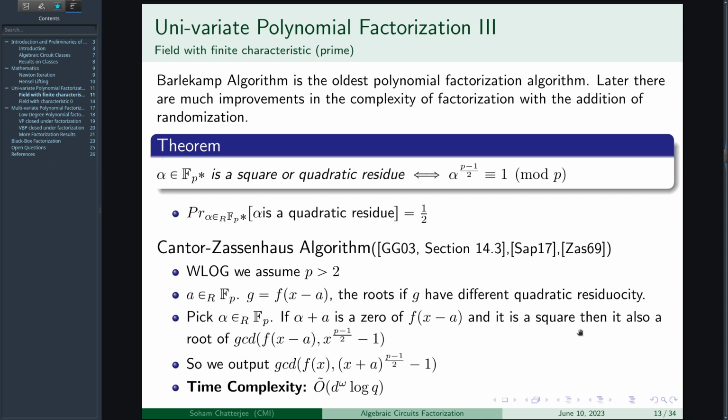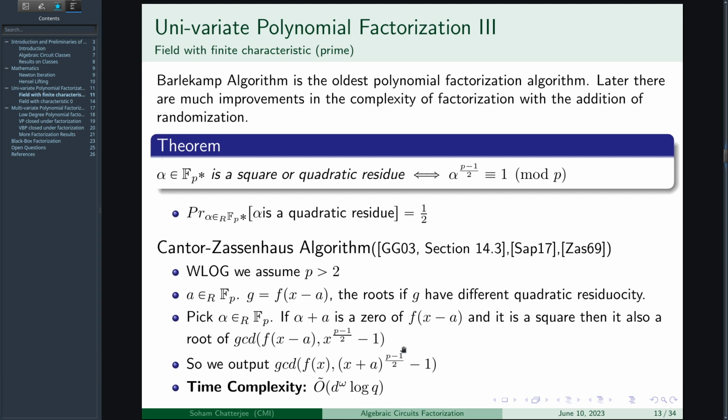So what the Cantor-Zassenhaus algorithm does is take any a randomly from F_p, then shift, g equals f minus a. Now g has different quadratic residues because we have shifted by a random a. Any zero of f(x) minus f(a), g equals f(x) at x minus a, if it is a square, is also a root of the GCD of this.